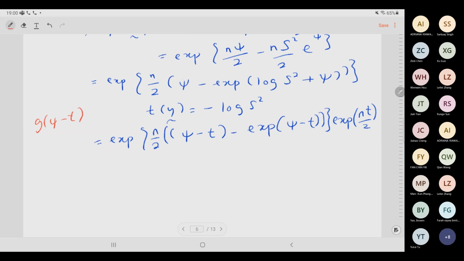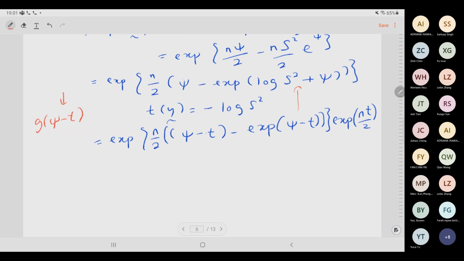So if t is your sufficient statistic, it is minus log s square. If we want to have a function in eta minus t, we add minus t here. This one is already eta minus t, because exponential eta minus t is already there. So here we have to add in minus t.